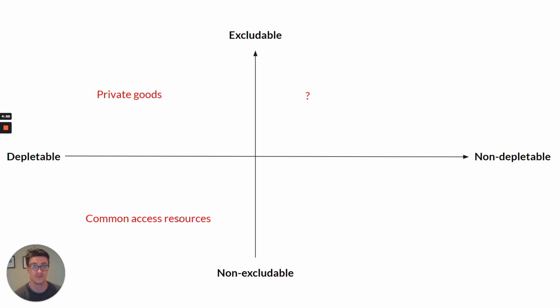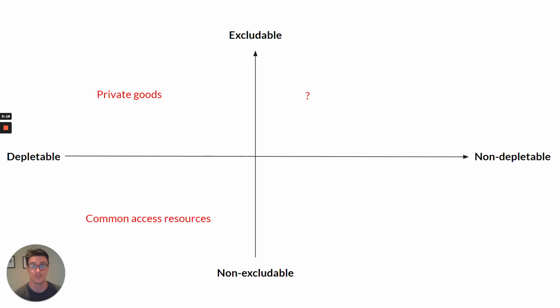Okay, now let's move to the bottom left here, which is our common access resources. Now these are depletable, which means again the consumers cannot consume the same item, but non-excludable. Okay, so the depletable, we can't consume the same product. However, it's hard for the market in a reasonably cost-effective manner to exclude people who don't pay for these types of goods, for common access resources.